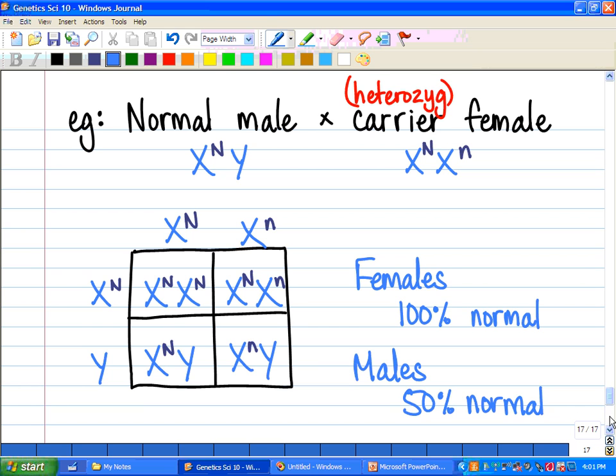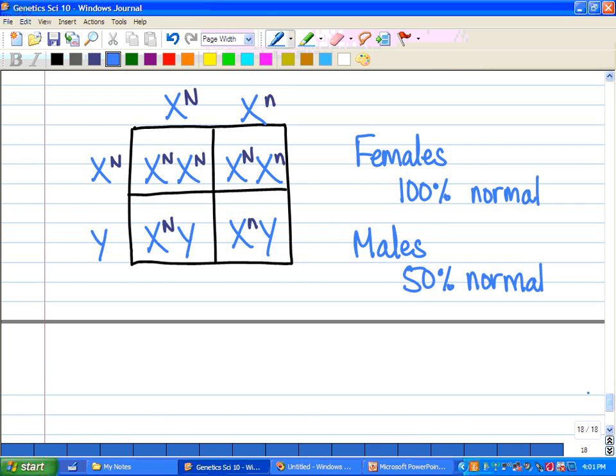If this couple has a son, 50% chance it's normal in terms of color vision, but check this out, there's also a 50% chance that they'll get the X with the little n. So if it's a boy, there is a 50-50 chance that that son could be colorblind. Pretty high odds, right? And that's because there's no N on the Y chromosome to possibly cover up this colorblind one right here.